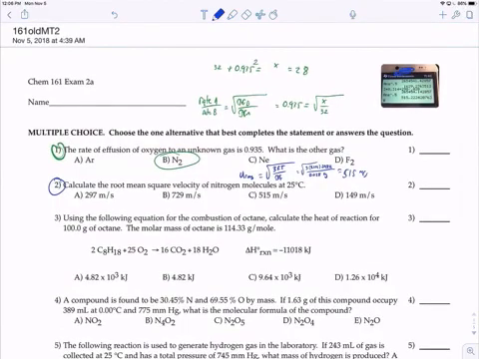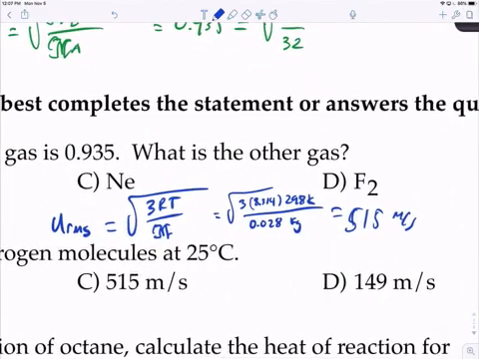Answer there. But anyways, questions on how to do this one? This one you just apply the RMS equation, which is given to you, and the R you use is 8.314, temperature in kelvins, mass in kilograms. Put it in square root. Questions on how to do this?